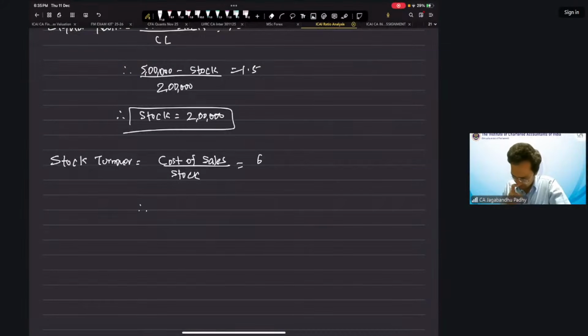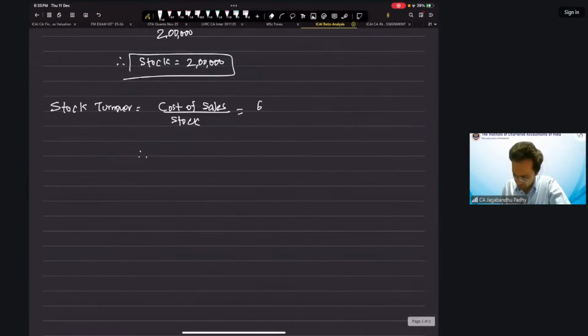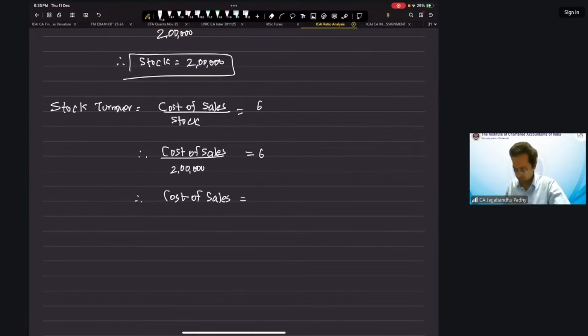So cost of sales is something that we need to compute. Cost of sales upon stock of 2 lakh, so cost of sales is 12 lakh.